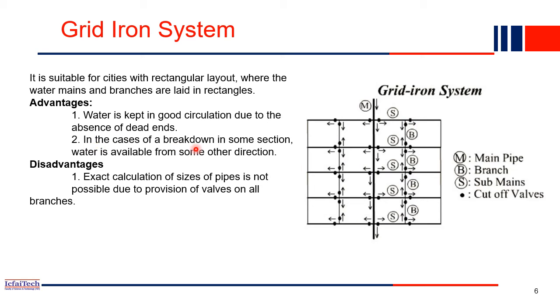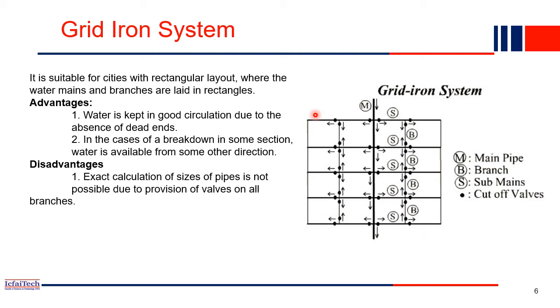In case of breakdown in some area, if any breakdown happens in one portion, you can still distribute the water. You can open another valve, and then water will be distributed here also. For example, if something happened in this pipe here, so it is cut out, you just close this valve, the water cannot come here, but you can open this valve, then water will go here, and like that it can be distributed to this end also.